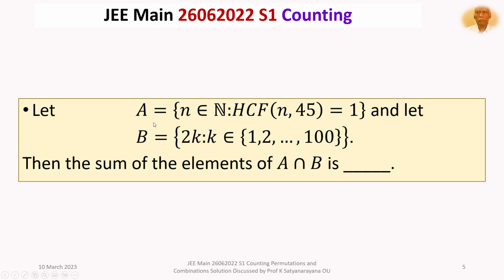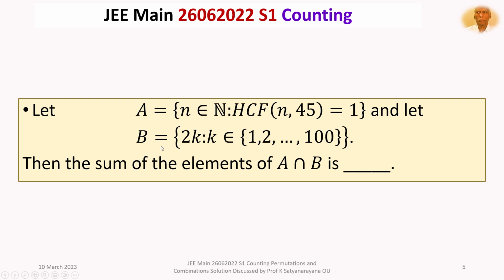we are given the set A, the set of n belongs to N such that the GCD of n comma 45 is 1. That means A consists of all those natural numbers which are relatively prime to 45.